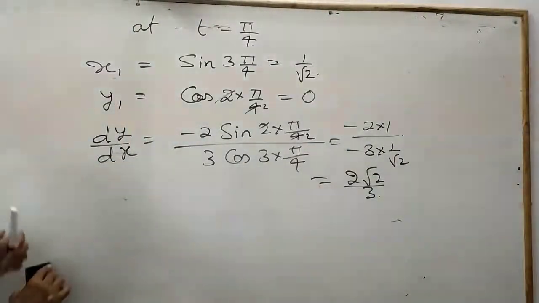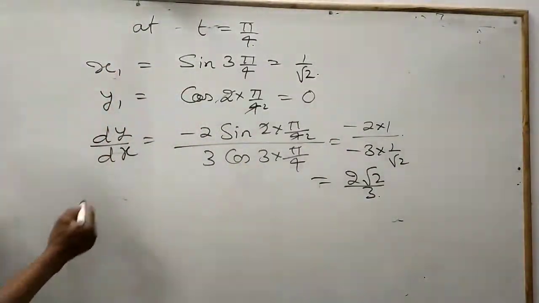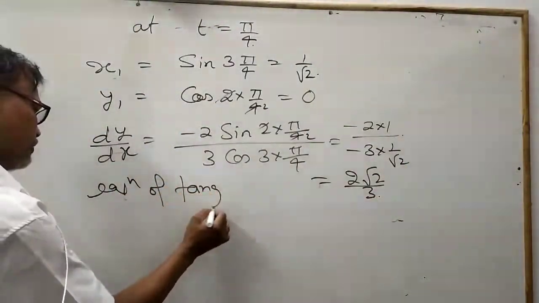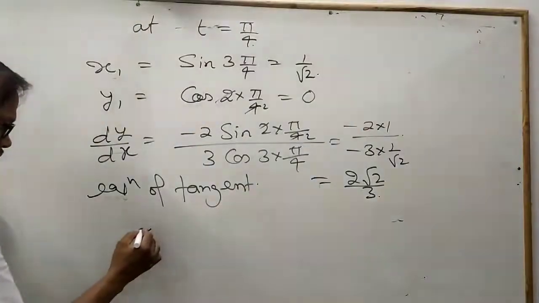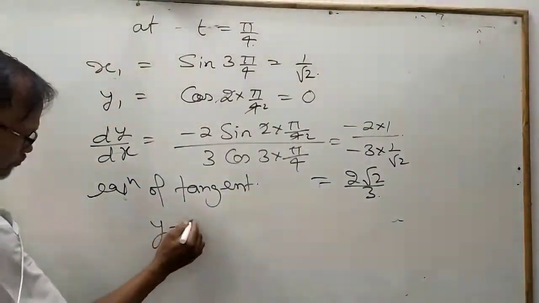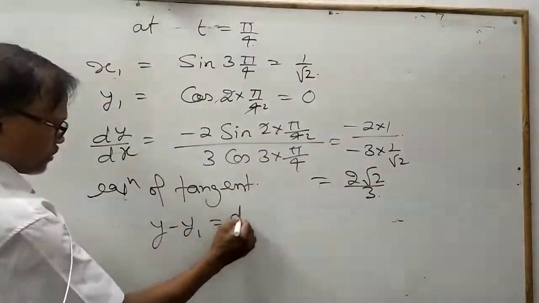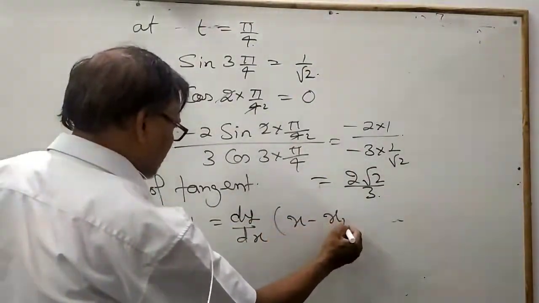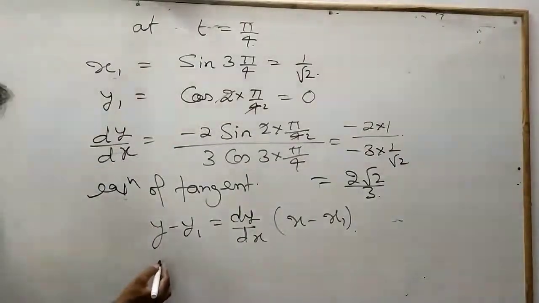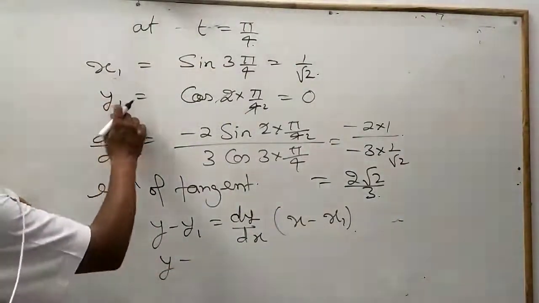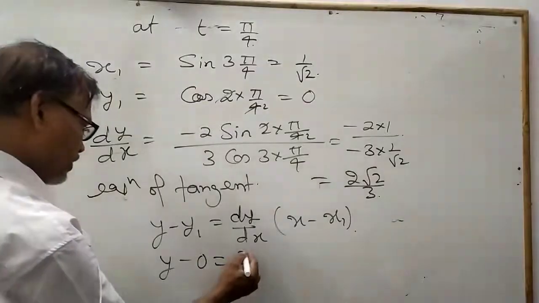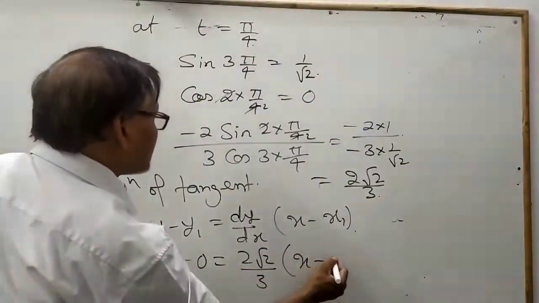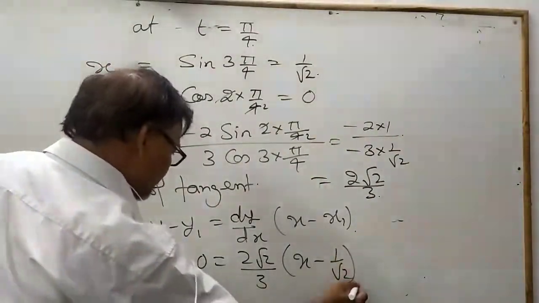And after finding these values, you know the equation of tangent. Y minus y1 is equal to dy by dx times x minus x1. Put in this equation. So y minus, what is y1? 0. dy by dx is 2 root 2 by 3 and x minus 1 by root 2.